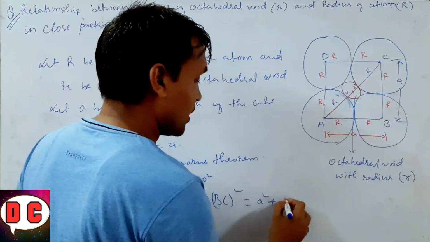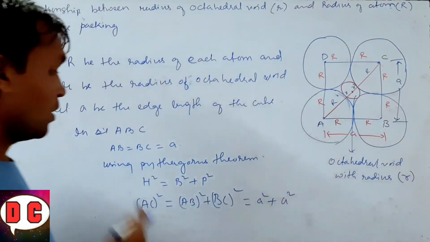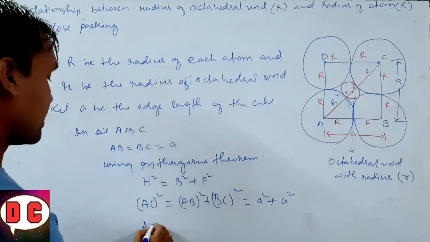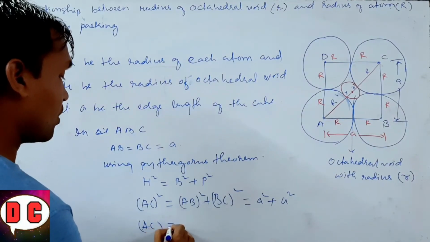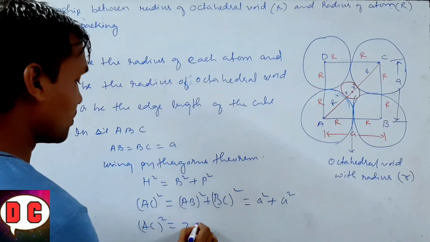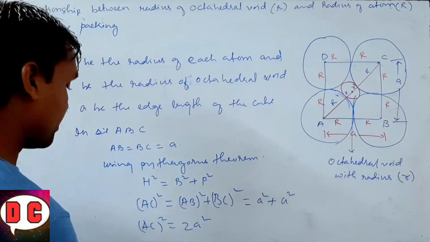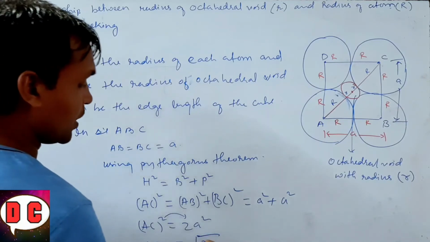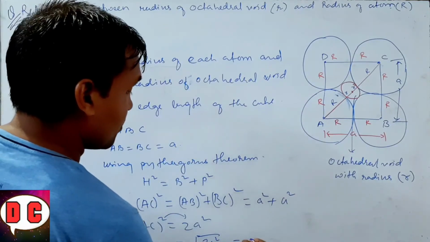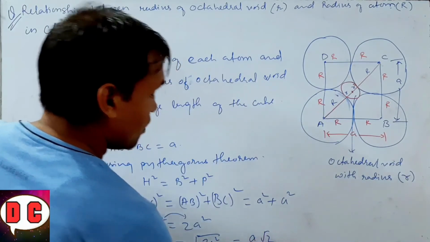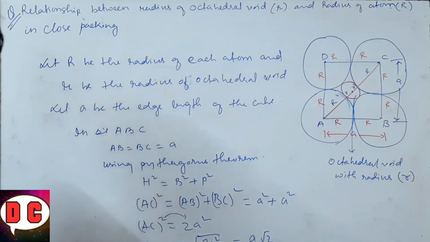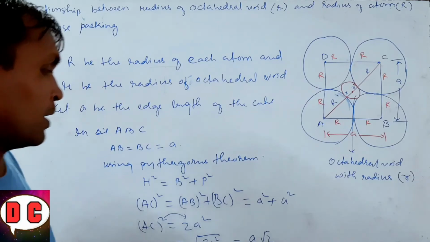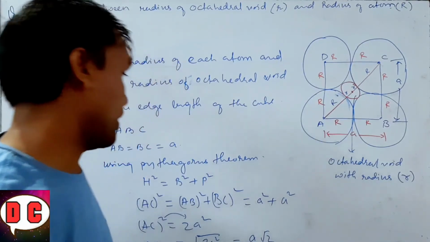BC is also a, so a square. So finally AC square equals 2a square. The square comes to this side as a square root, so AC equals root of 2a square, which is a root 2. So we got AC equals a root 2, in terms of edge length.